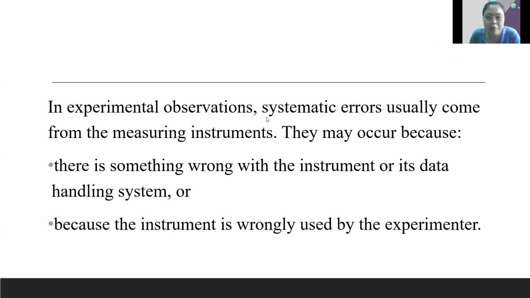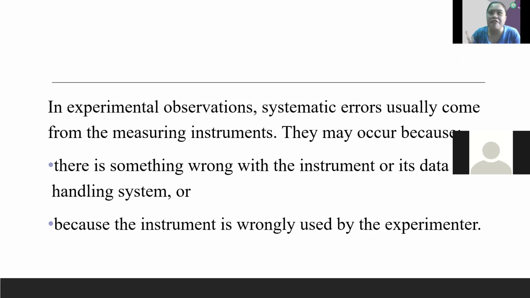So, example here, in experimental observation, systematic errors usually come from the measuring instrument. So example, hindi questionnaire, experimentation talaga. Now, yung ginamit natin, example, nag-measure tayo ng mass, yung weight ng ating sample. Now, however, yung ginamit natin na instrument, yung analytical balance is not calibrated.